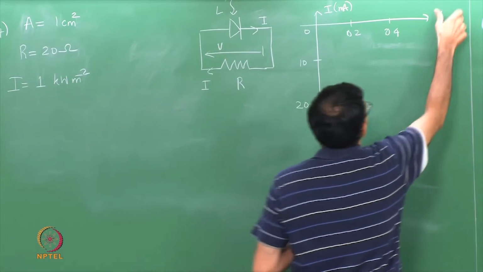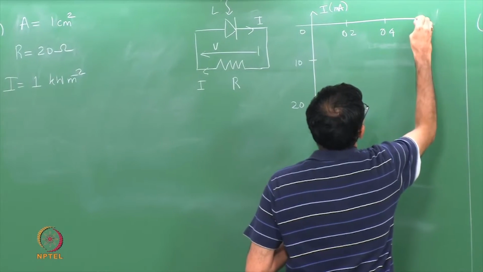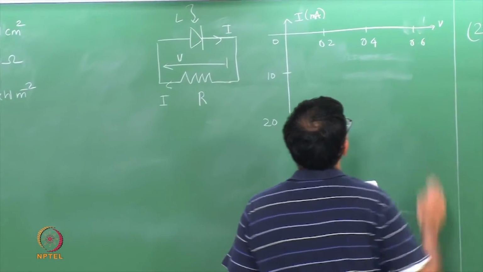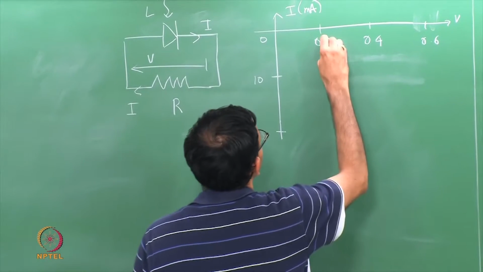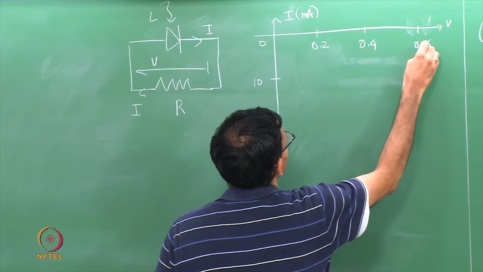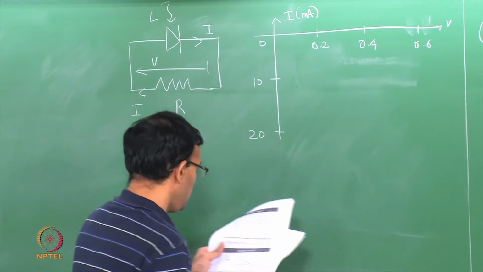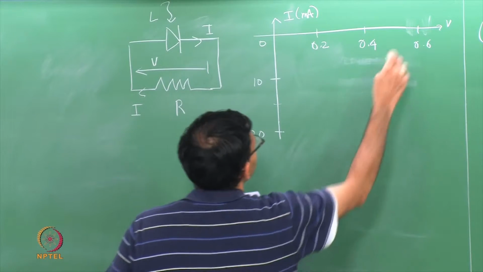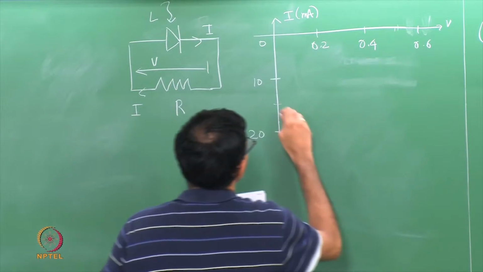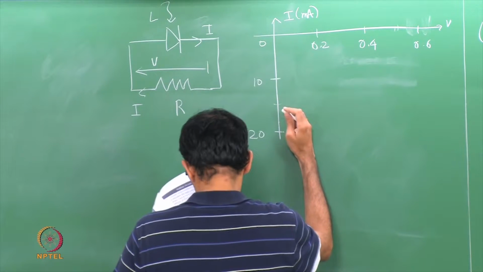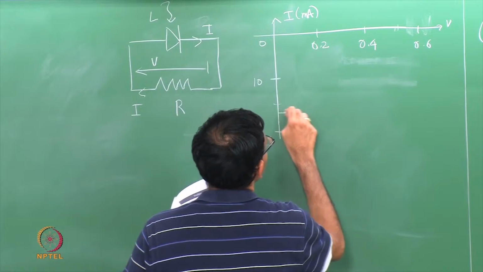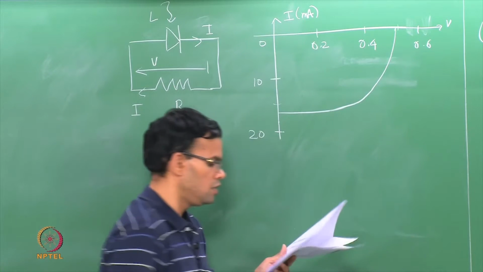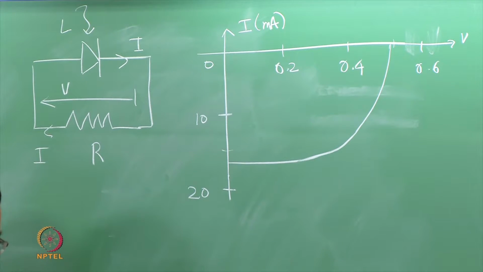Let me just extend this a bit, and you have 0.6. So, this is the IV characteristics of the solar cell.